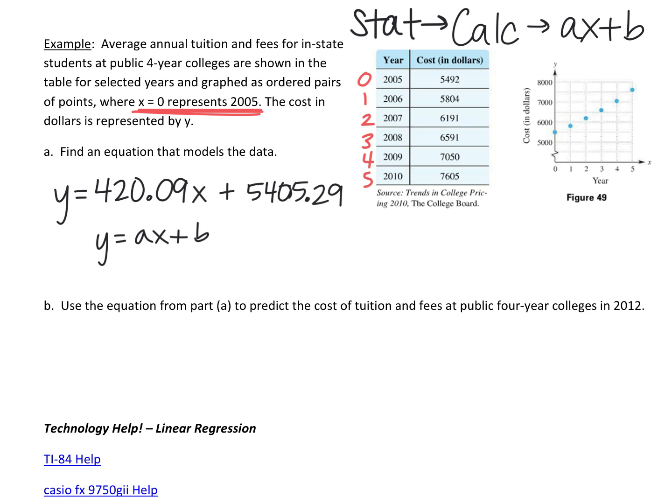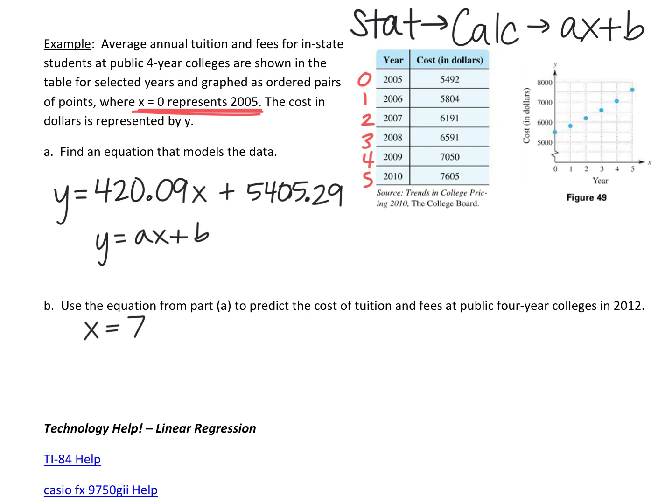Okay, use the equation from part A to predict the cost of tuition at a 4-year college in 2012. Okay, remember we're not working in 2000s numbers, so what would it be in 2012? What is X? Look at your table. 7. 7 years, so 2 more. You're at 2010 was 5, so keep going.